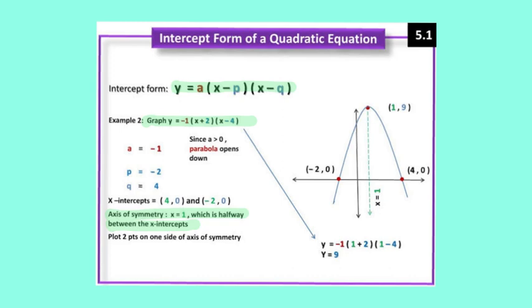To find the y value, we substitute 1 into the equation for our quadratic, so we get y equals minus 1 brackets 1 plus 2, 1 minus 4, which is minus 1 times 3 times minus 3, which comes to 9. So the vertex is at 1, 9.